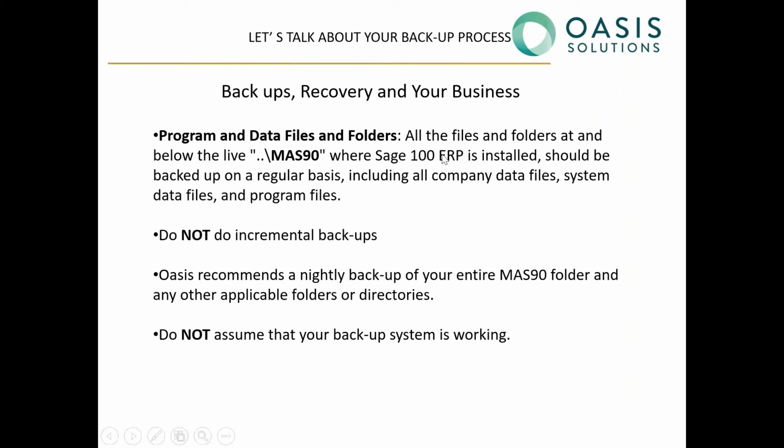So all the files and folders below this Mass 90 folder need to be backed up on a regular basis. Everything that's within that Mass 90 folder includes all of your program files. It includes your reports, your custom forms, all of your company data, your system files.